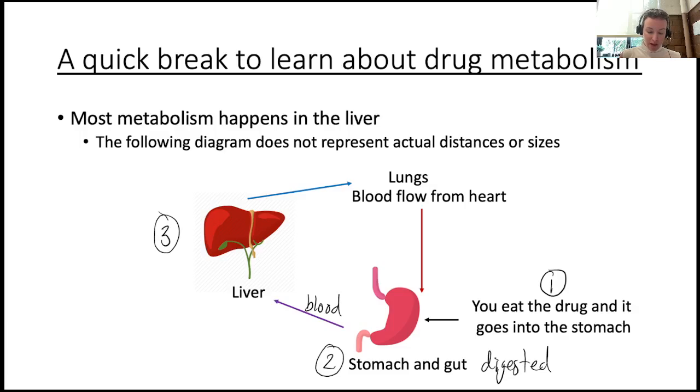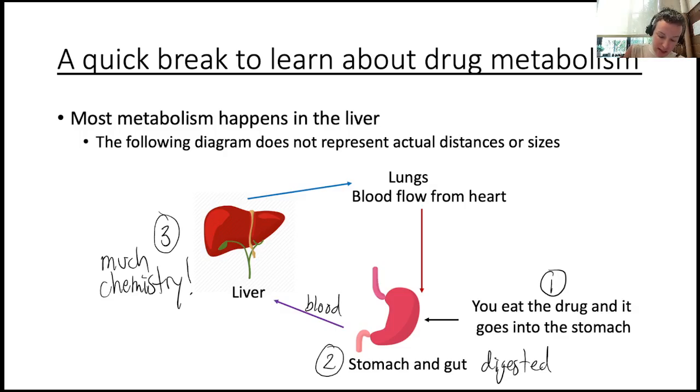So straight from the gut to the liver, and in the liver, there is a lot of chemistry happening. So we'll take the molecules that we eat, for example, THC, and we'll do some chemistry on those molecules to change them. Oftentimes, those changes were to help our body kind of get rid of what we're eating, just in case it was poisonous.